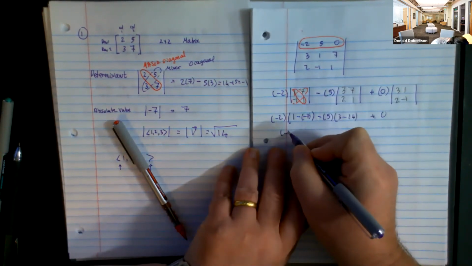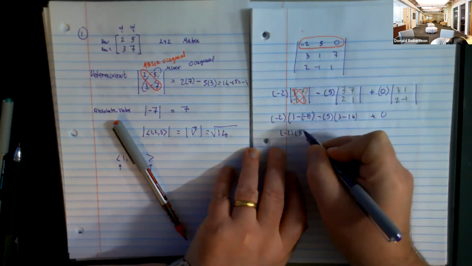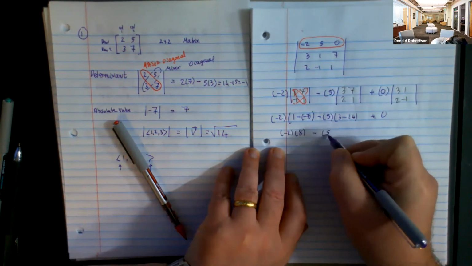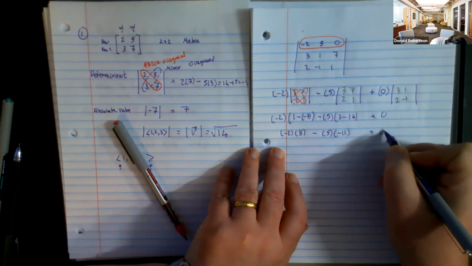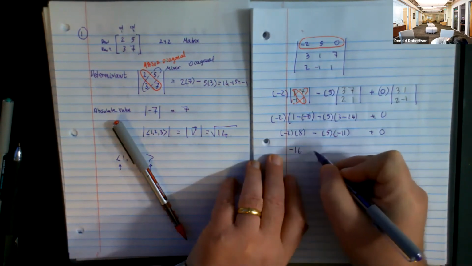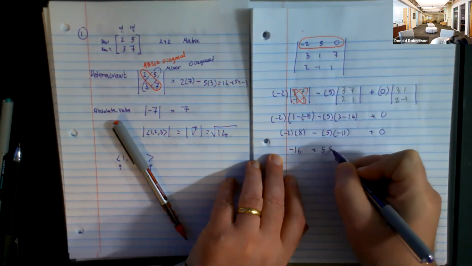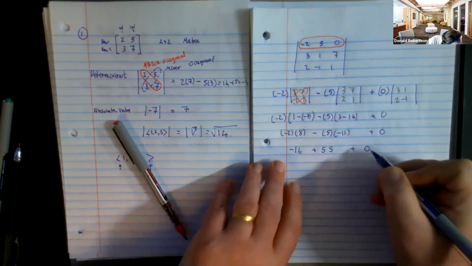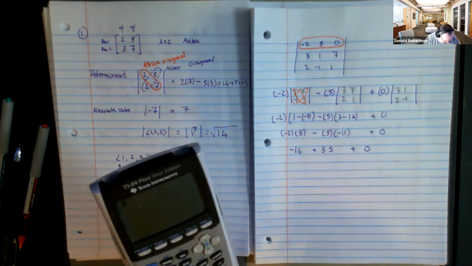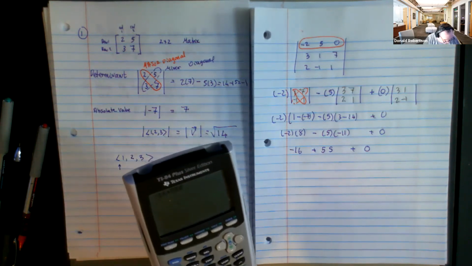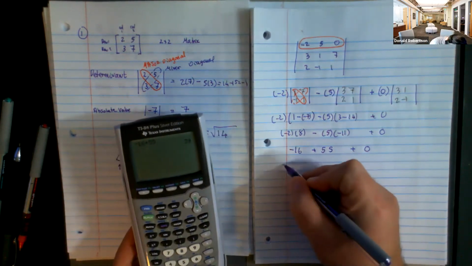And so I get -2 times 8, subtract 5 times -11, plus some zeros. -16, plus 55. I'm not risking that today. -16, add 55. I am looking at positive 39.